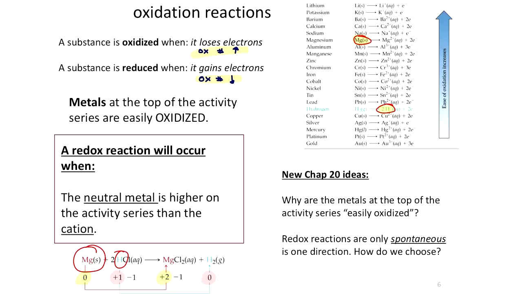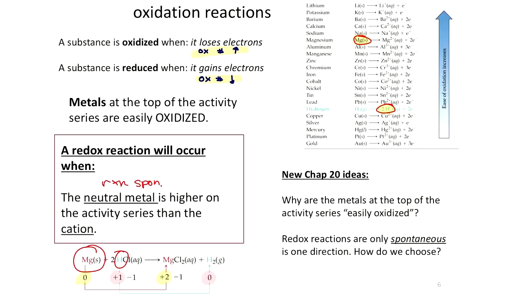So the rule is a redox reaction will happen, or you can think the reaction is spontaneous as written in the forward direction, when the solid metal is higher on the activity series than the cation. What we see here is magnesium solid is in fact higher on the activity series than H+. So this reaction does happen.